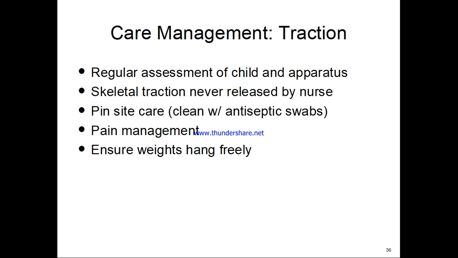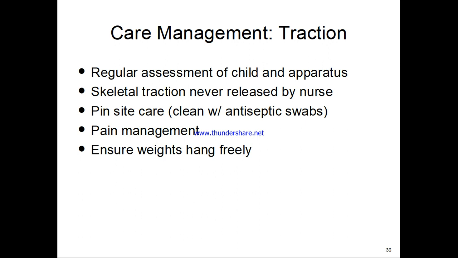So while traction looks like a torture device, in talking to patients who've been in traction, if they're injured enough to warrant this, the presence of traction affords them great relief because the muscle spasms are very painful, and this is taking the work off of the muscles to do this.